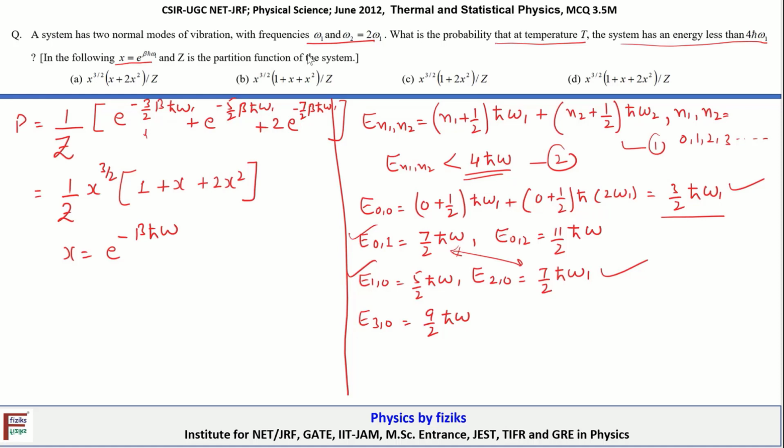Actually it should be exponential minus βħω, not exponential βħω, otherwise we will obtain the wrong result. So let's see which option matches our result. It is x to the power 3/2 into 1 plus x plus 2x squared, divided by Z. Yes, this one. So therefore D is the correct option here.